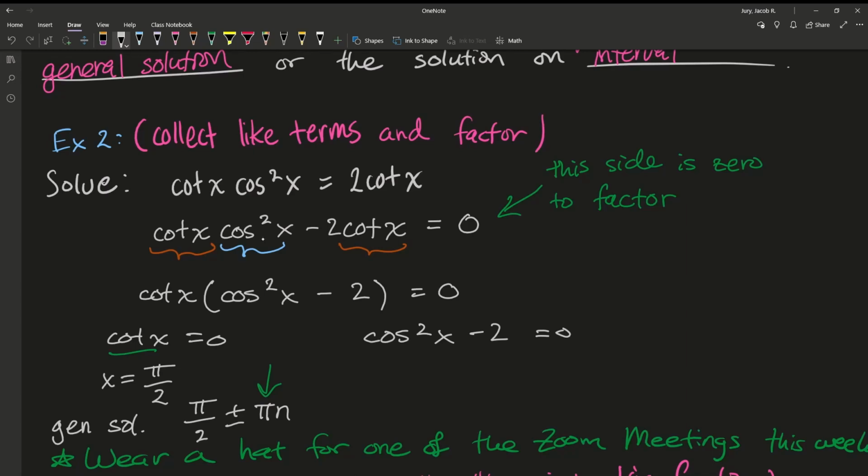Now if we jump over here to the right side, I've got cosine squared x equals 2. Okay, I'll start off by isolating my variable. Now remember this squared cosine, I need to square root that to get rid of the squared cosine, and I'll have plus or minus radical 2.